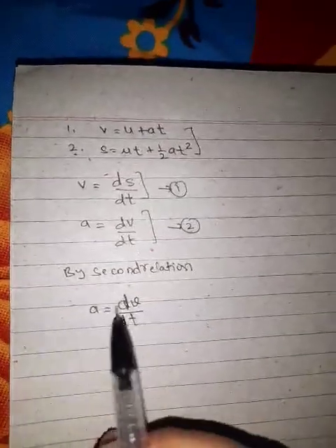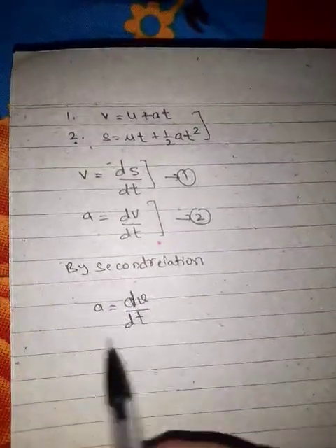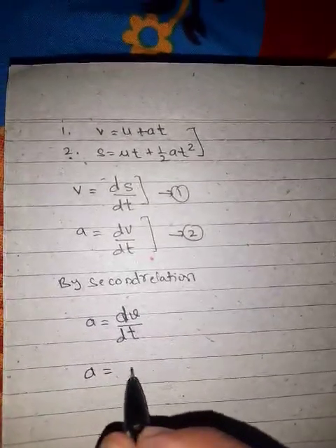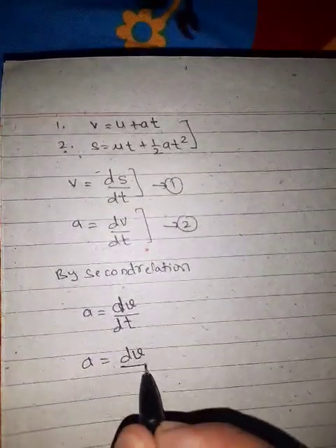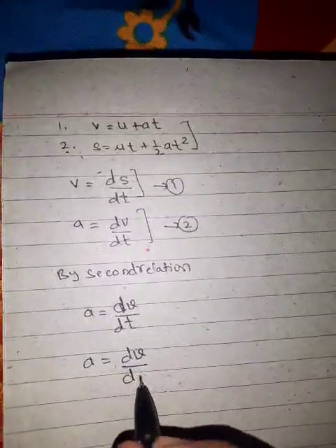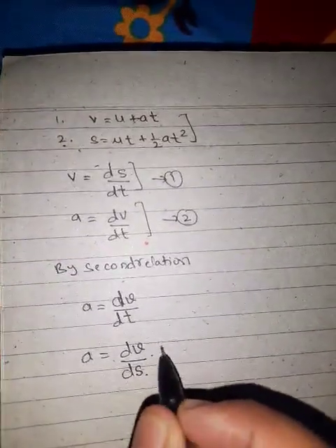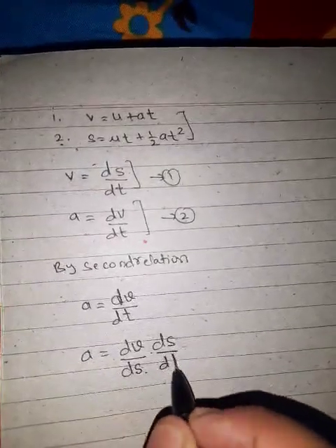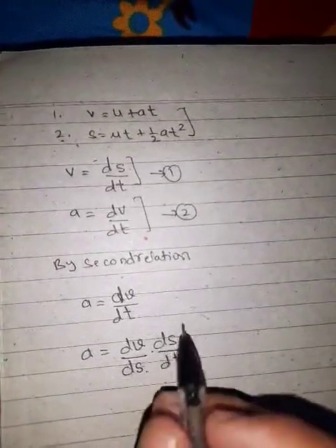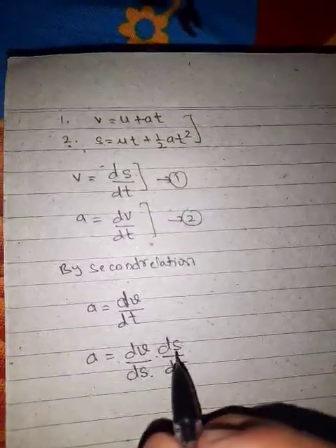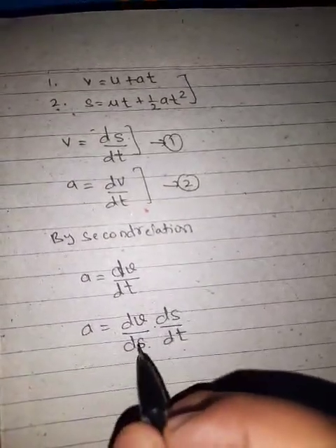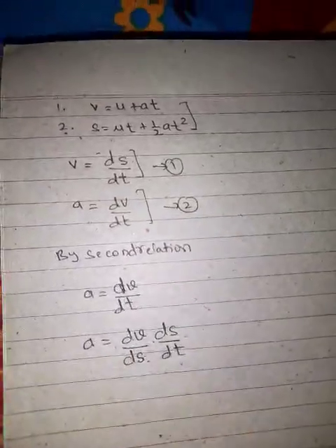We will make some arrangement in this relation. What will we do? Simply a is equal to dv by ds, and we multiply this by ds and divide by dt. If we cancel this ds, divided and multiplied, from the numerator and denominator, we again get the previous term.